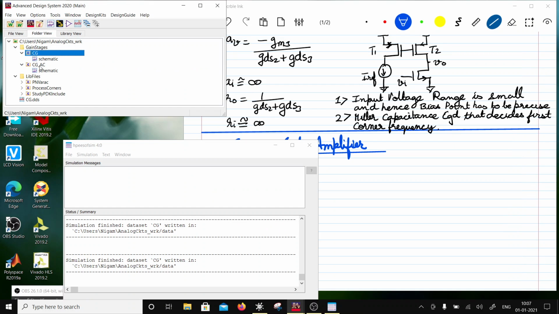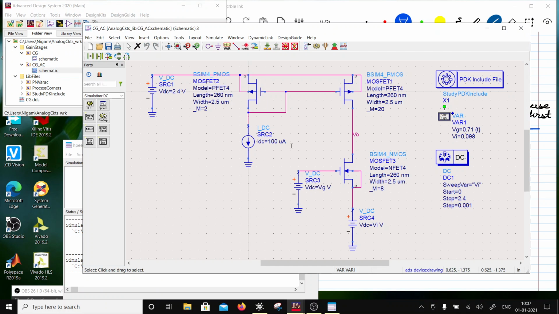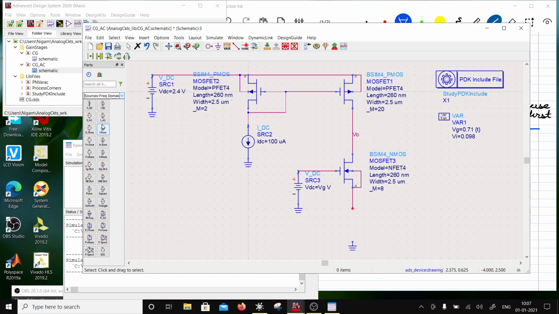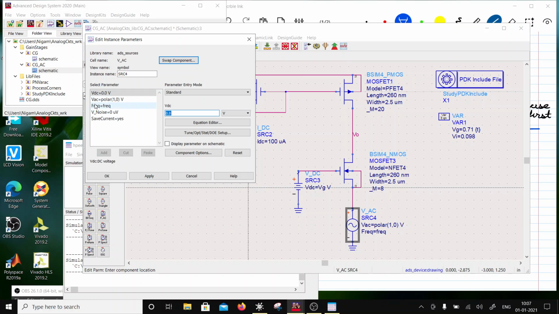Once I have closed this, let's open this one. Now instead of this, I am going to place here an AC simulation and AC source. So I will go to sources, frequency domain, VAC here, and everything is fine. Input is 1 volt, so output would be the gain, and the DC voltage I'm going to keep as VI.